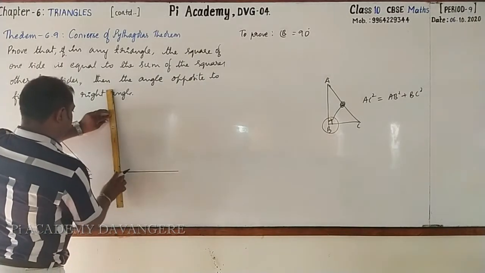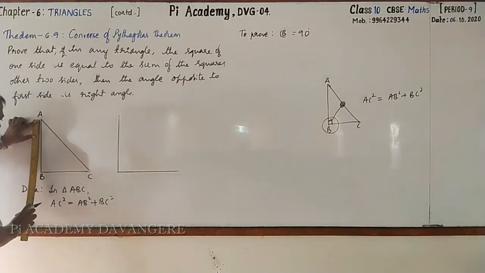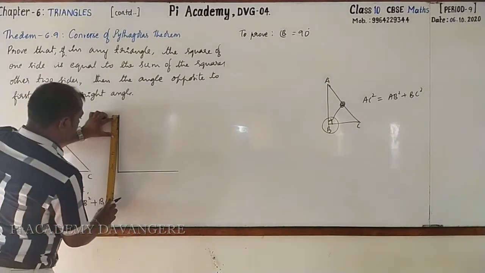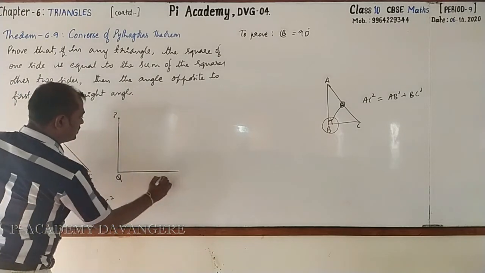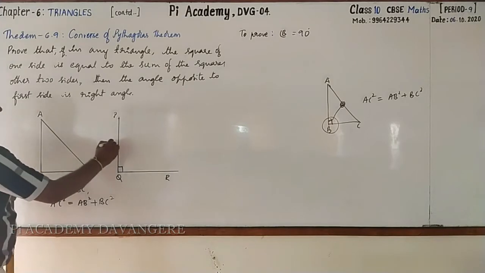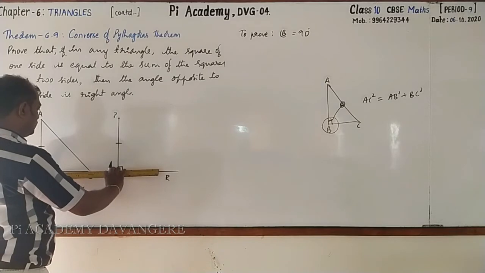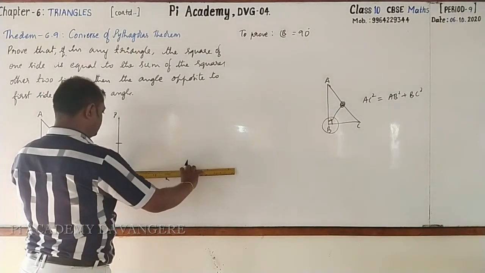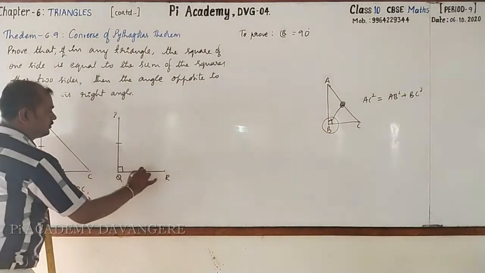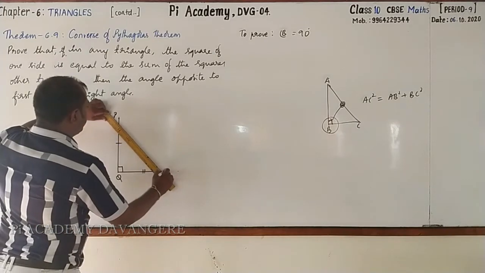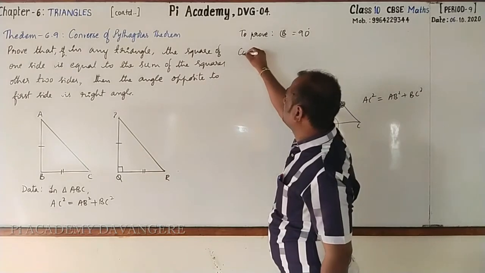Draw right triangle PQR, in which angle Q is 90 degree, PQ equal to AB. Then another one, QR equal to BC. Followed? Let me write the same. Construction.